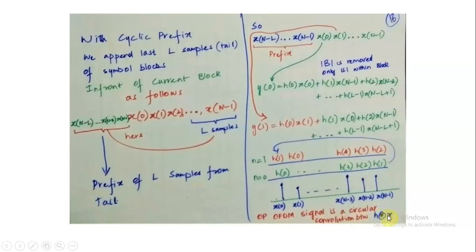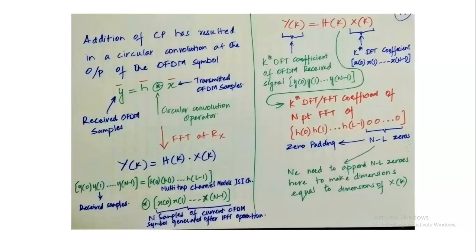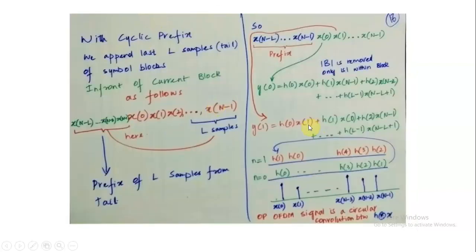So this forms the basis of the circular convolution, and this happened because we added this prefix, otherwise we would have got these results with inter-symbol interference. So it is because of this CP of length L minus 1 or L samples that the channel has been converted to circular convolution.